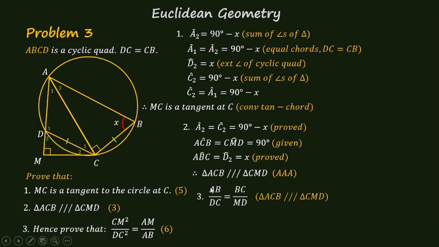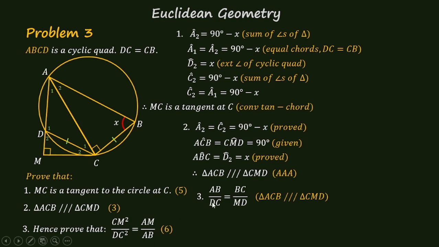We can start with the side AB over DC, and then we would have the side BC over MD. So we took AB over DC, we take BC over MD. So from these two triangles, we're able to get these two sides.